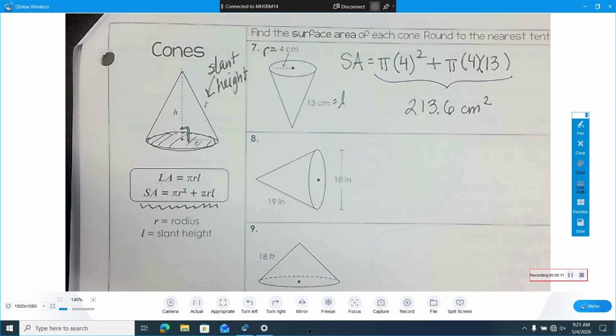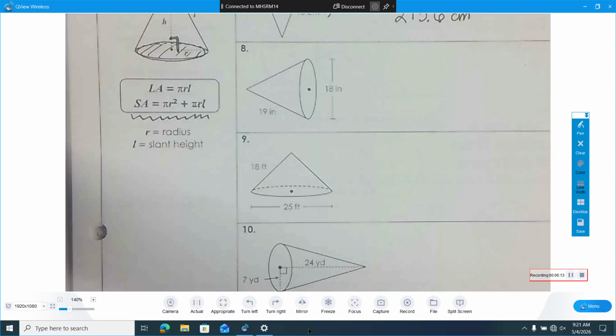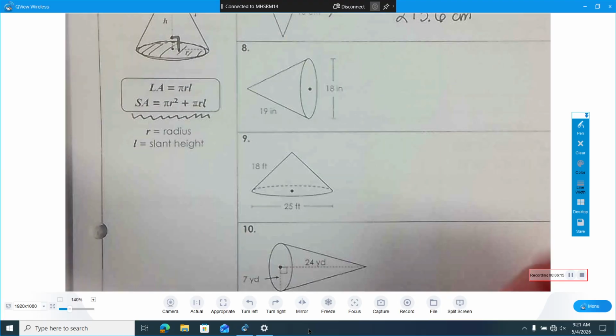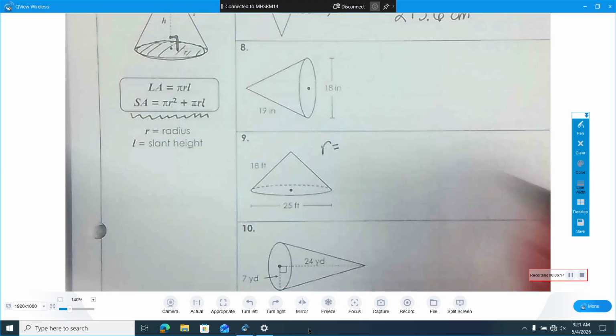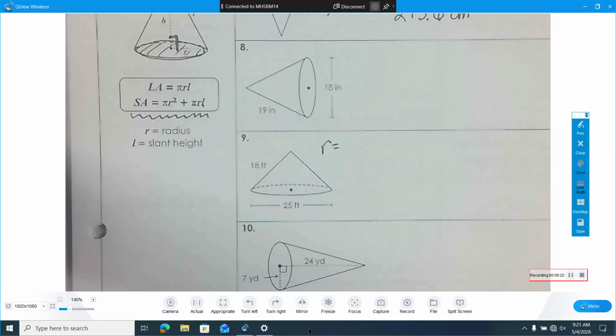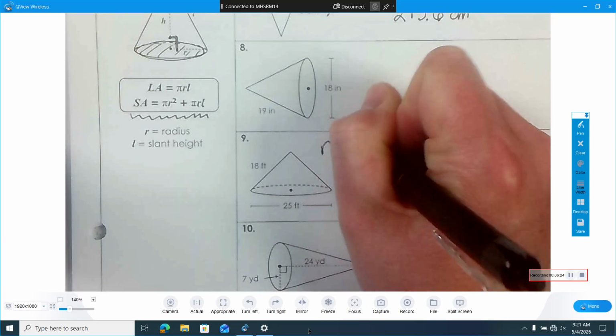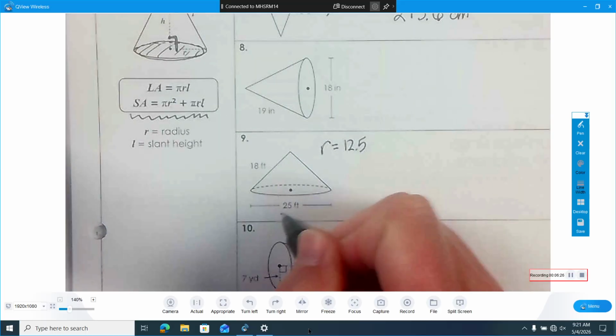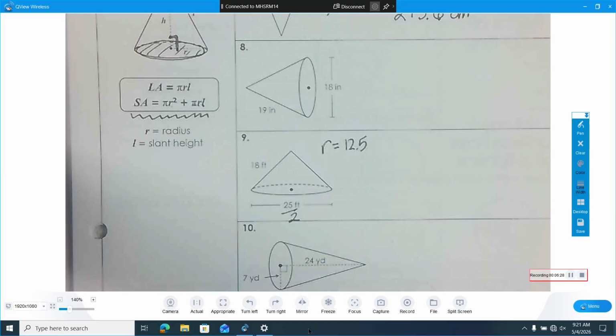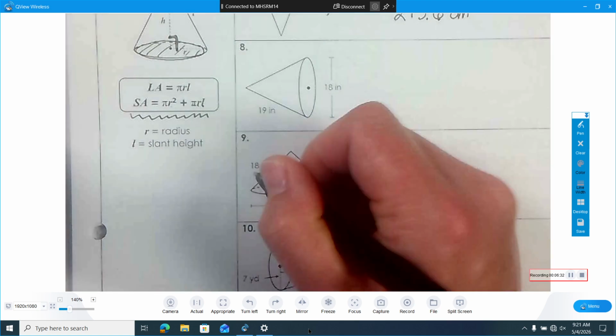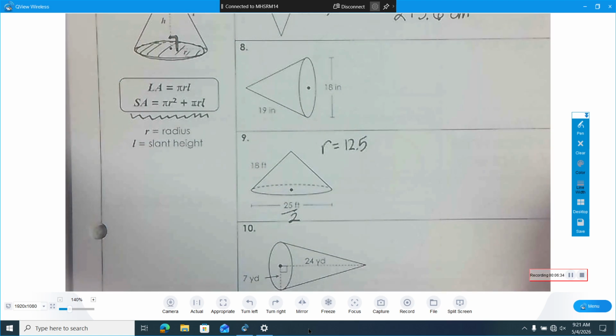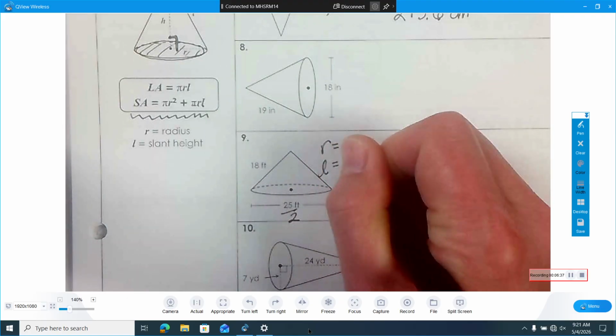Let's look at number 9. What is our radius? 12.5. How did we get 12.5? Diameter divided by 2 gives us our radius. And then what is 18? The slant height.